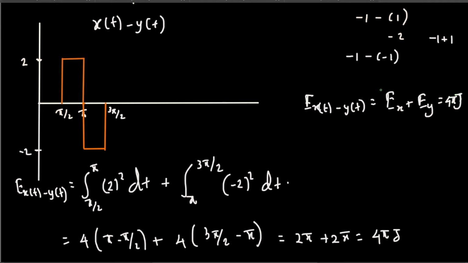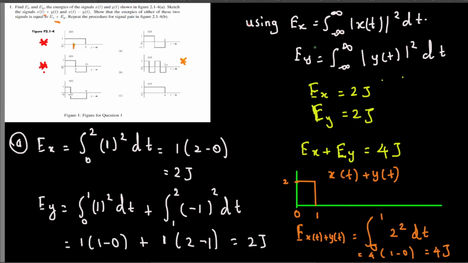Therefore we prove that for both of them if you calculate Ex and Ey and add them together, that is equivalent to adding the graphs and subtracting the graph. Okay, we have proved that Ex plus Ey is equal to Ex of t plus y of t, and also x of t minus y of t for the first graph, and we did the same thing for the second graph. And that's it for this video.